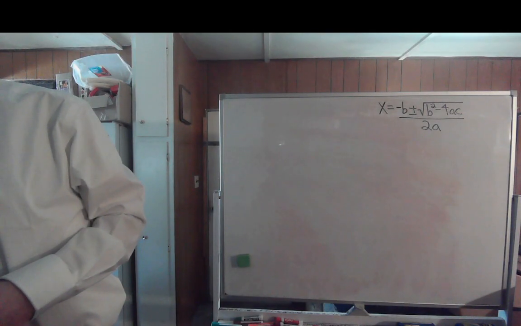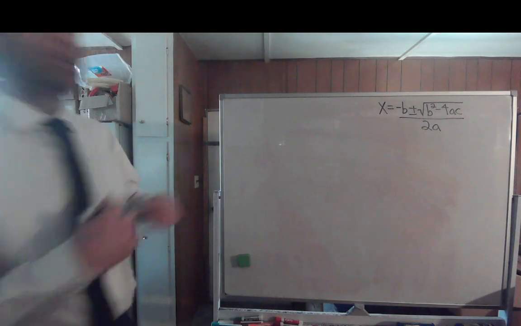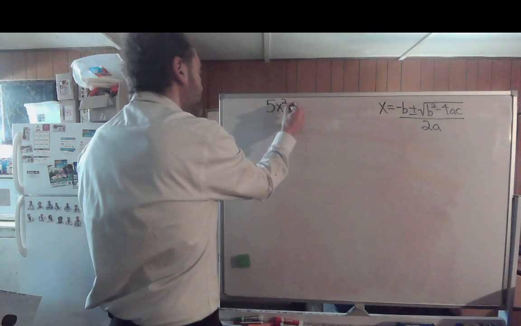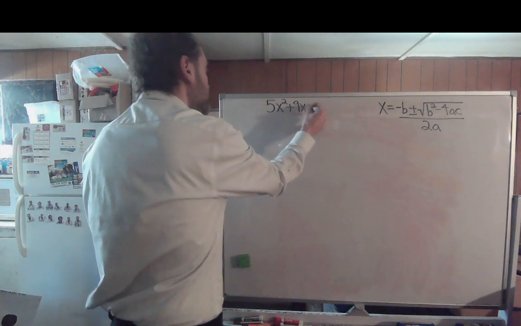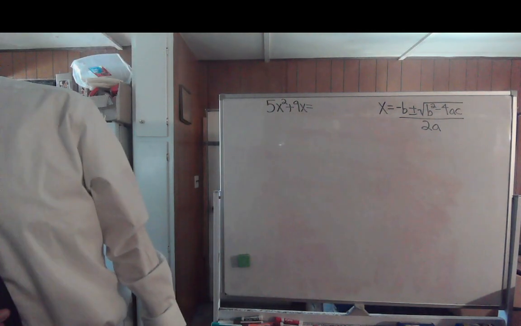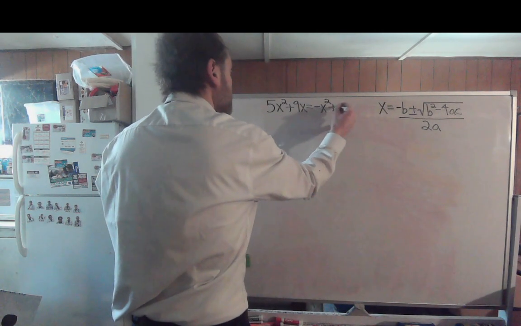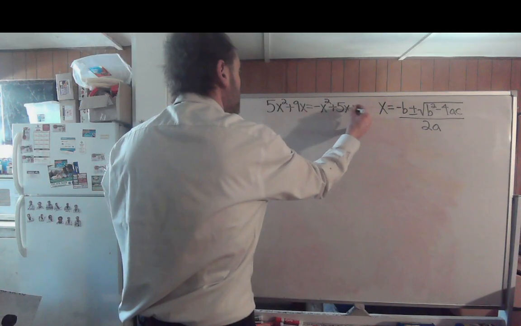Let's do 2 more. All right, so 5x squared plus 9x is going to be equal to negative x squared plus 5x plus 1.